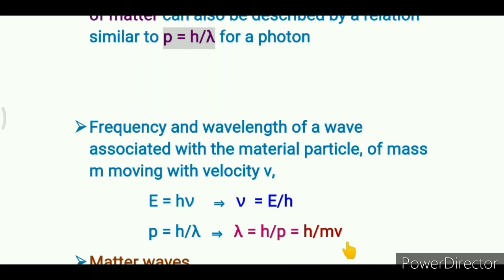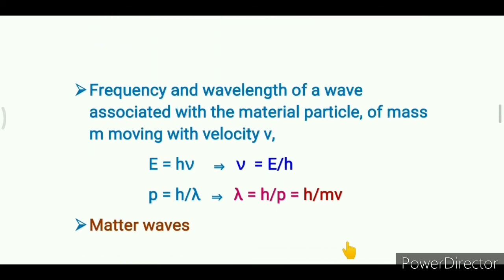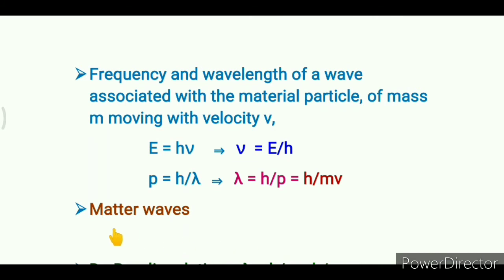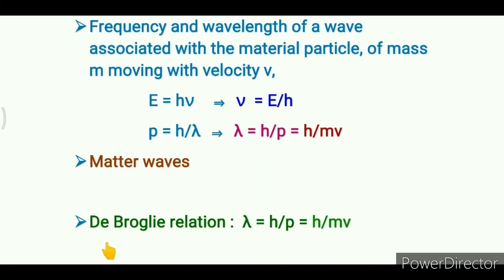These two are very important equations for the frequency and wavelength respectively of a material particle of mass m moving with velocity v. De Broglie referred to the waves associated with material particles as matter waves. The wavelength of the matter waves is given by h upon mv, which is known as the de Broglie wavelength.